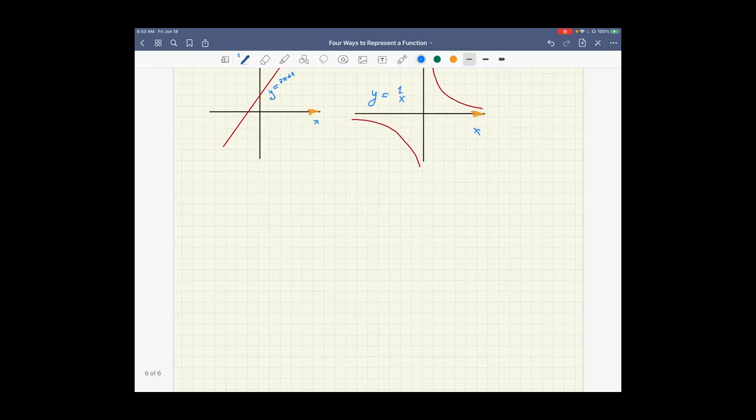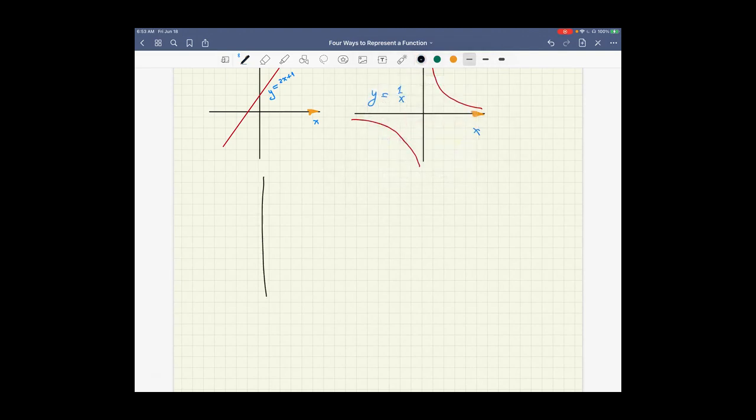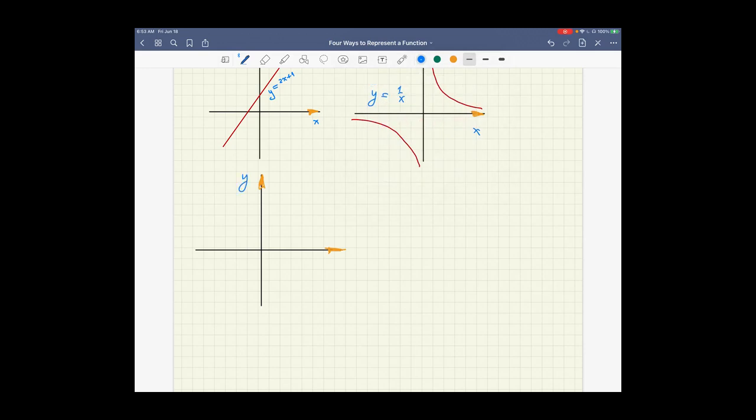And the third picture. The graph looks like this.